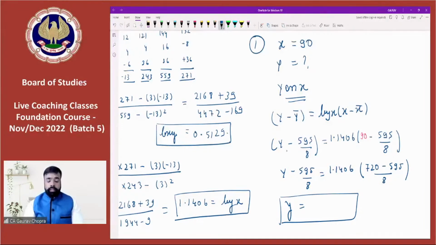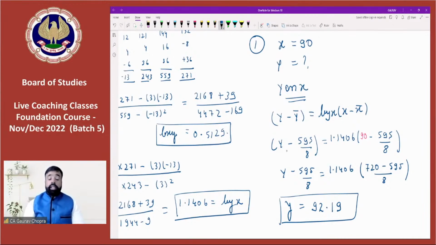Any other answers? Just do this calculation and you have to give the answer, the value of y. Yes, Ishan has also given 92.19. Yes.